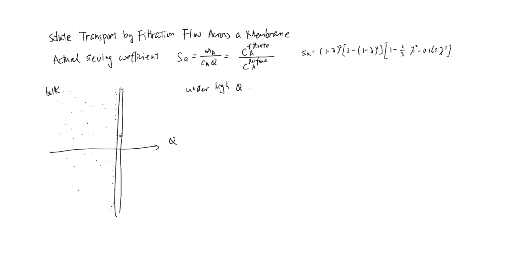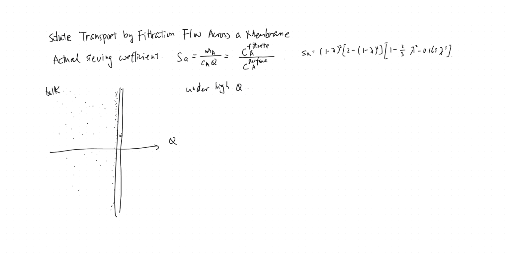However, the membrane doesn't have enough permeability or doesn't allow that fast convection to go through the membrane. Then you would have concentration accumulated on the surface of the membrane. This is called concentration polarization.